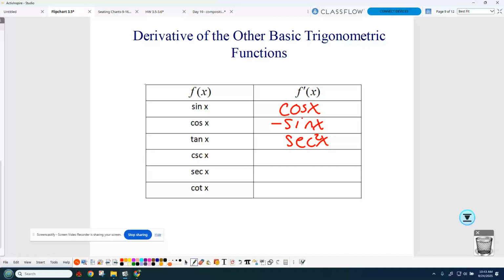Derivative of cotangent is negative cosecant squared. It does make sense that it should come after the tangent, and I didn't write it there. Okay, derivative of cosecant, negative cosecant cotangent.